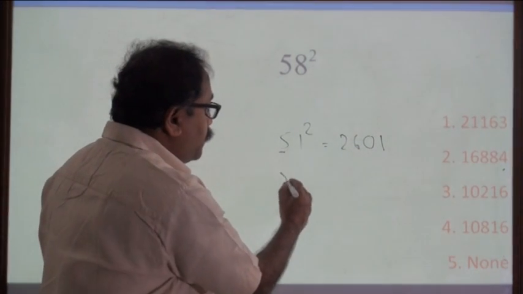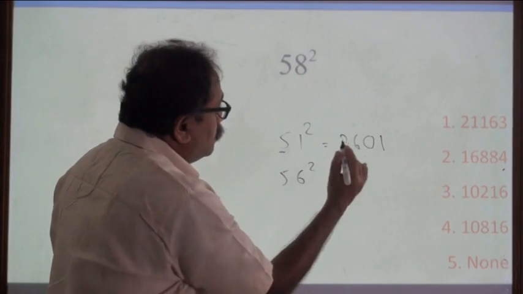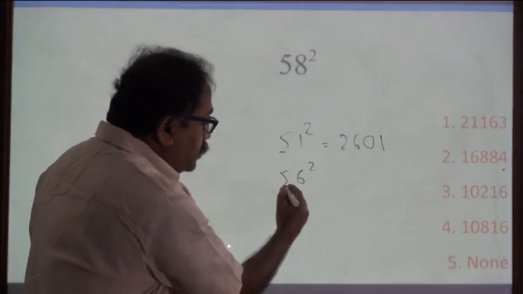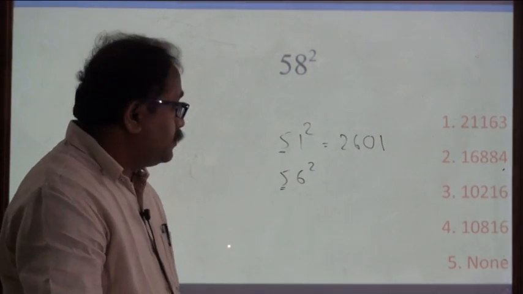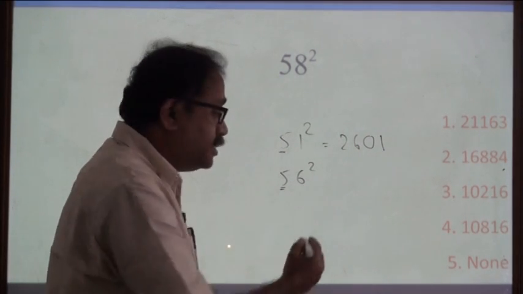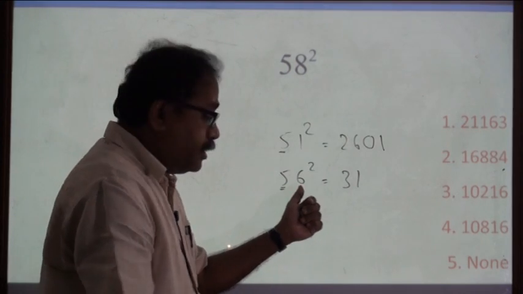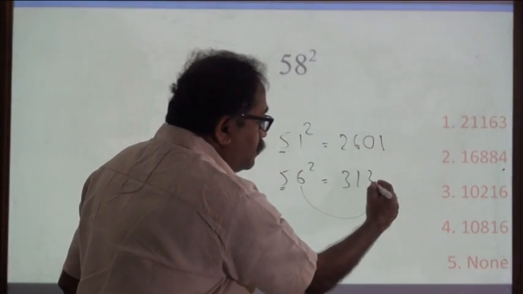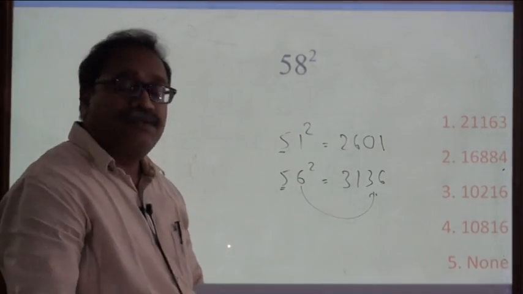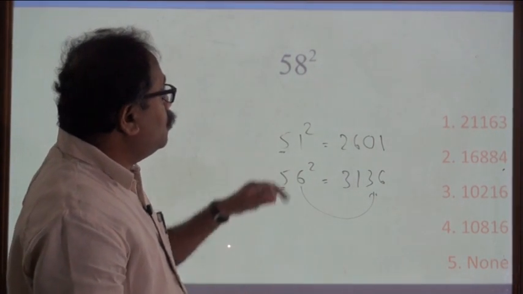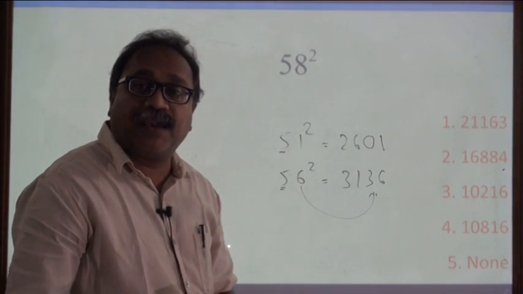Similarly 56 square. So take this 5 as 25. 25 plus 6, 31, followed by 6 square, that is 36. So if you know this, in no time I can find out the square of 58.